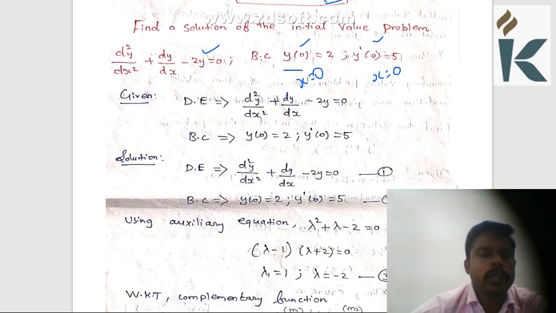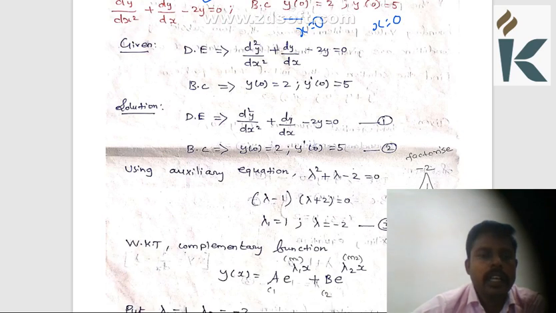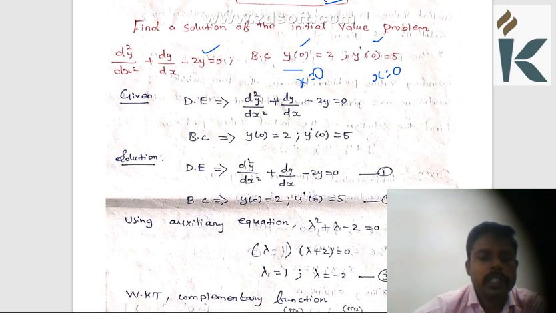So we have to write the auxiliary equation for the given equation. Our auxiliary equation is lambda square, from d square y by dx square, plus lambda, from dy by dx which is y dash, minus 2, where y is equal to 1, therefore minus 2 into 1, and that is equal to 0.